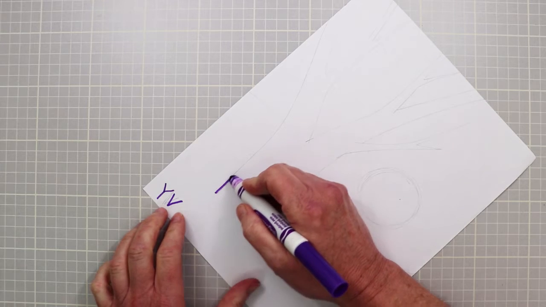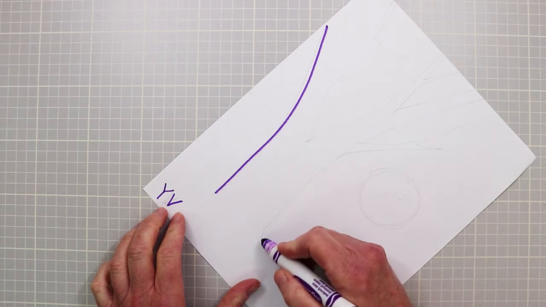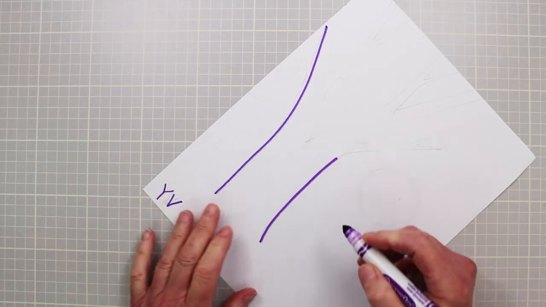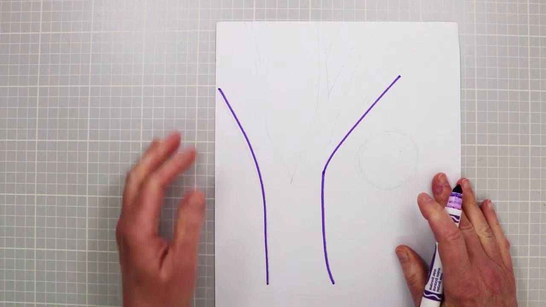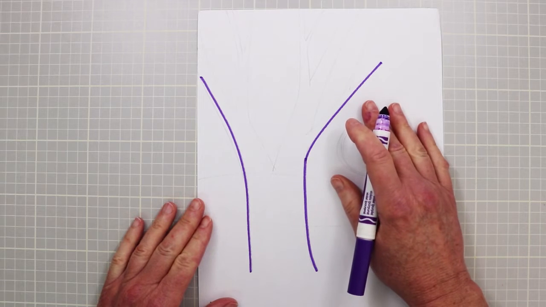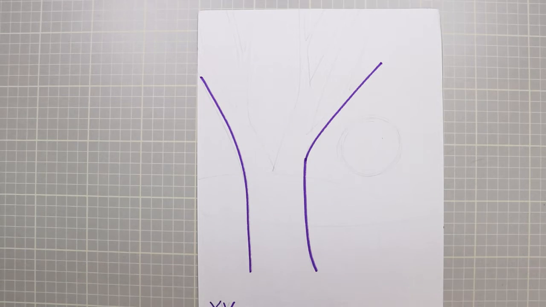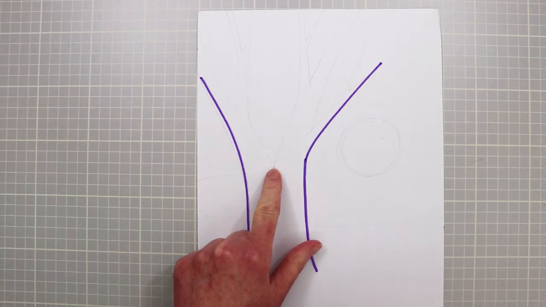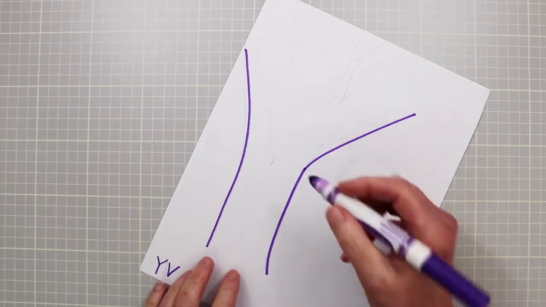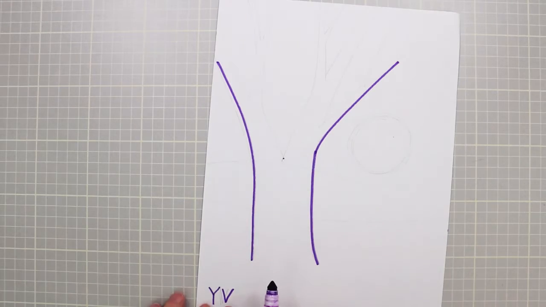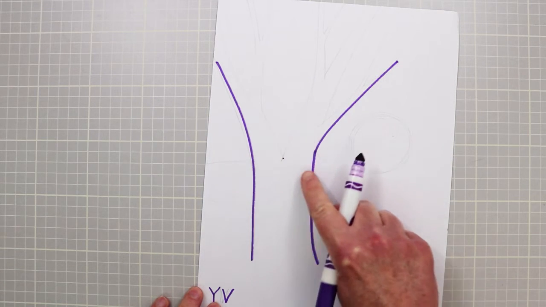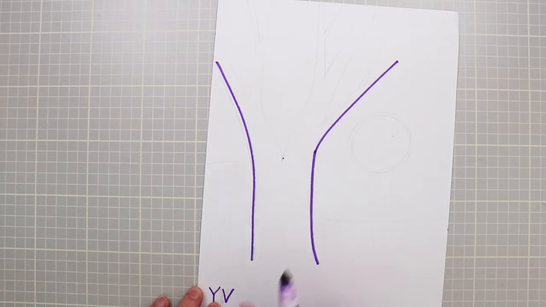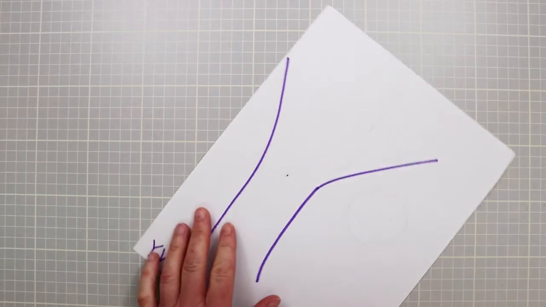Here comes my first Y. The lines run parallel for a bit, but then they branch out. One goes to the left and one goes to the right. And that's my Y. I have to take my V and put it inside my Y. So find the very bottom point on the V, and in this area where the lines of the Y diverge or go apart, put a dot.